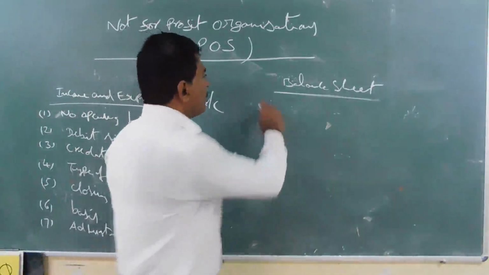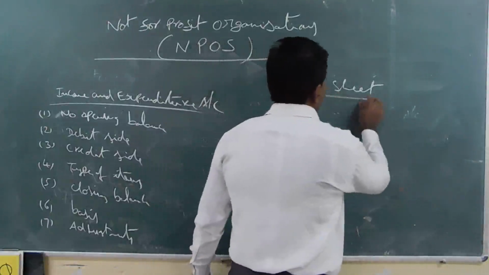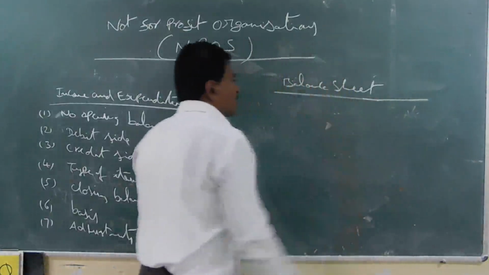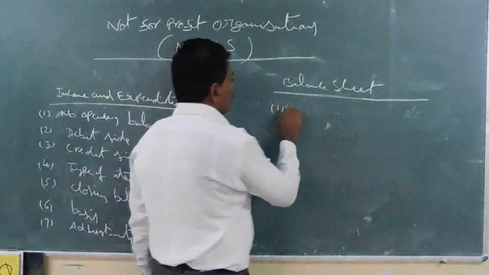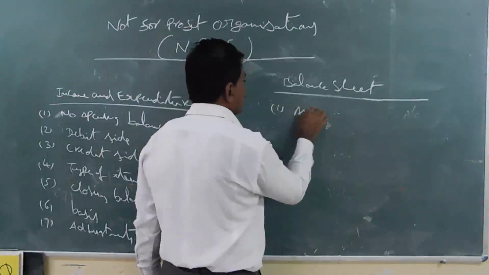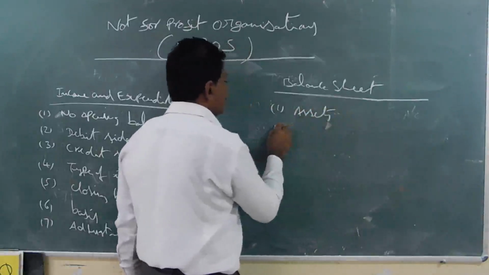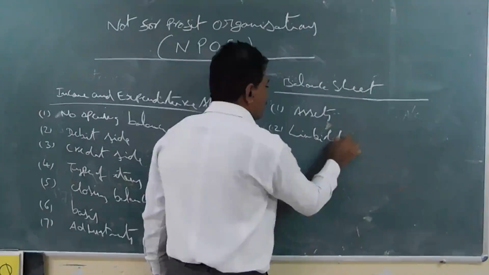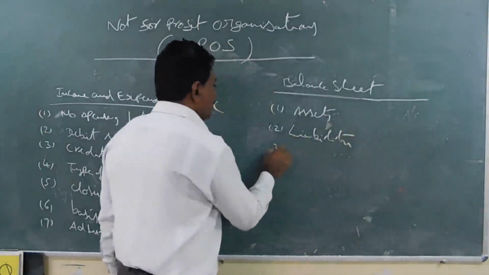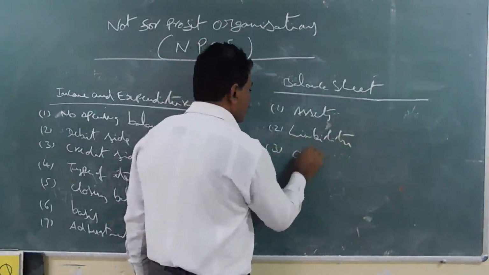Format of balance sheet, steps to prepare balance sheet. So first step, assets. Second one, liabilities. Third one, outstanding incomes.